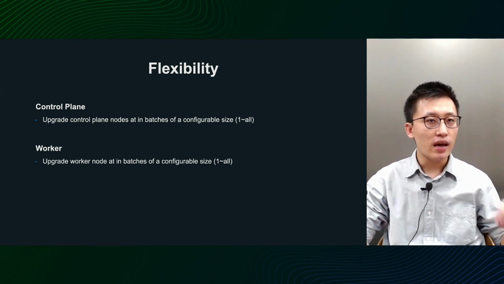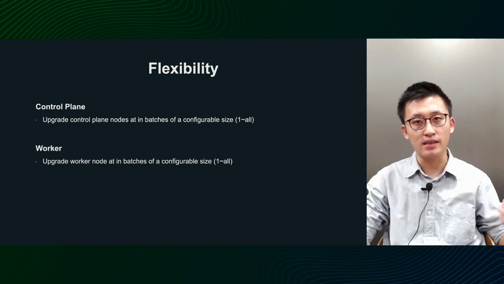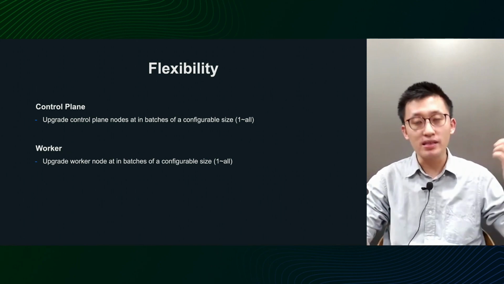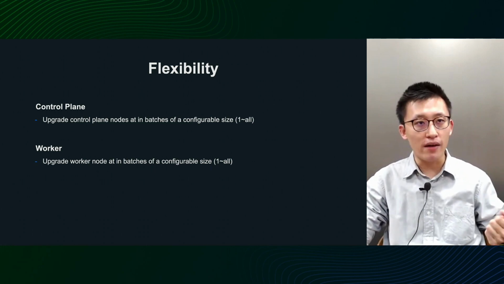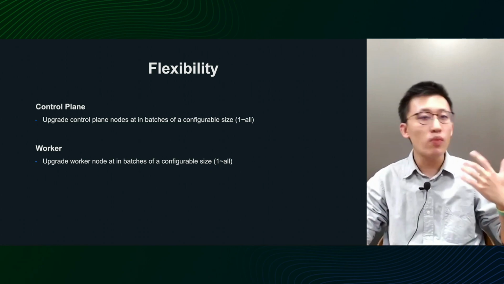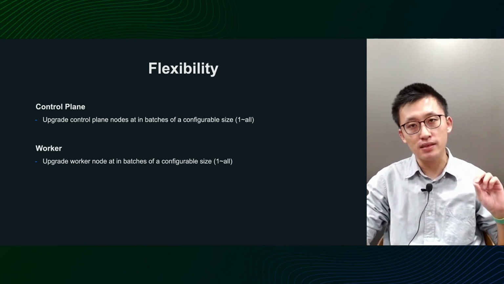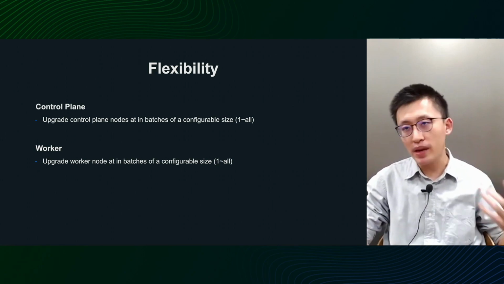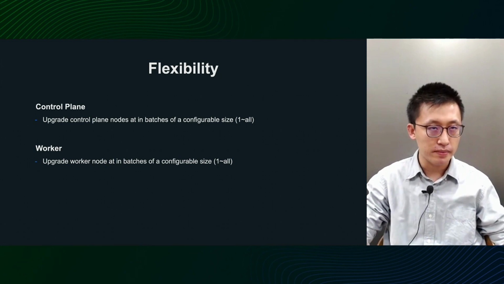This strategy is fine for the control plane because our original plan for upgrading the control plane is to upgrade them in a single process at the same time. But it's not flexible enough for workers, because some users may want to upgrade a few worker nodes where no production services are deployed, to test the compatibility of the new Kubernetes version from the application perspective.